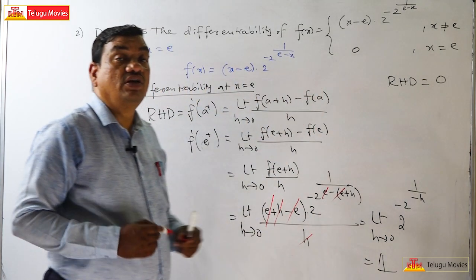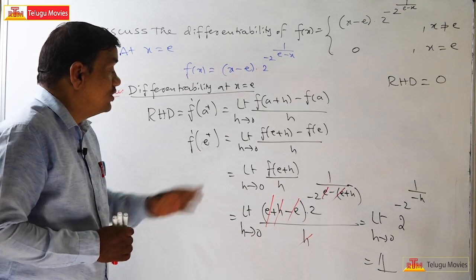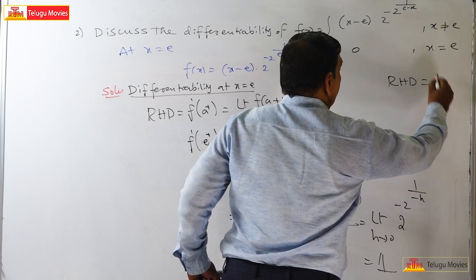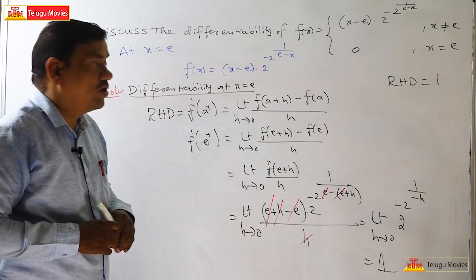Same explanation we gave at continuity. So this value is equal to 1. Therefore the right hand side derivative value we got is 1.